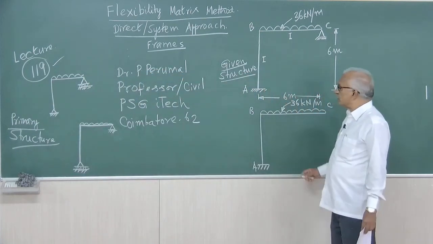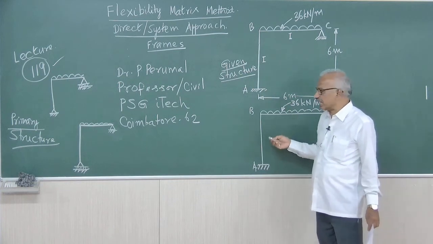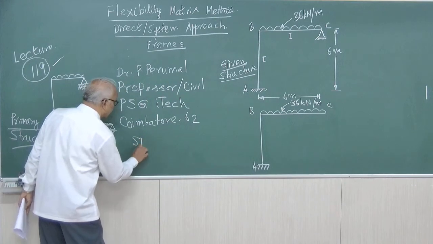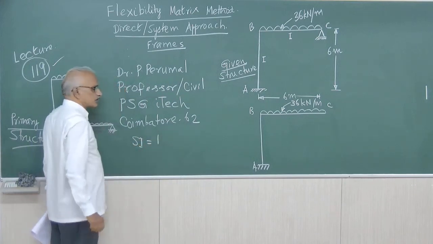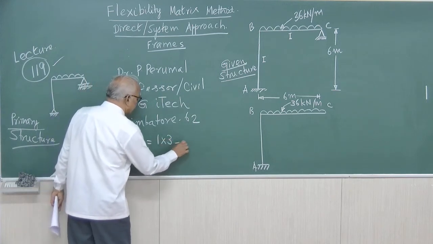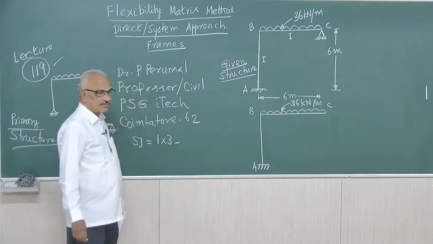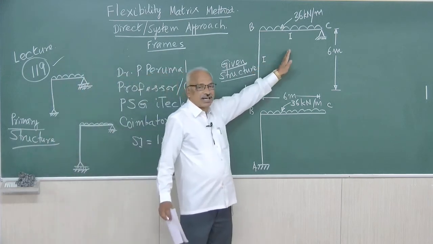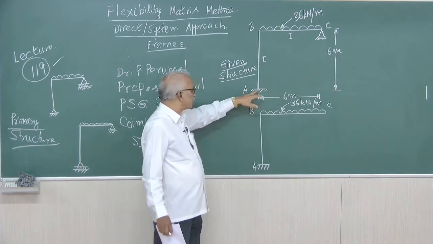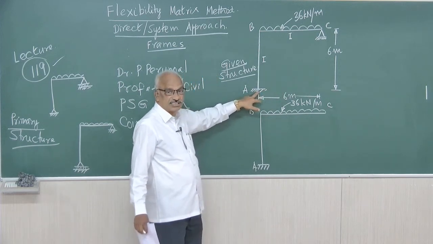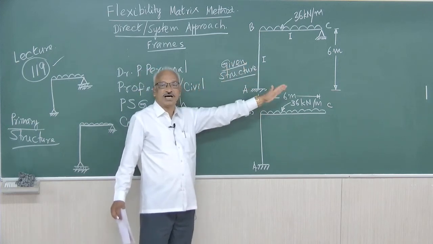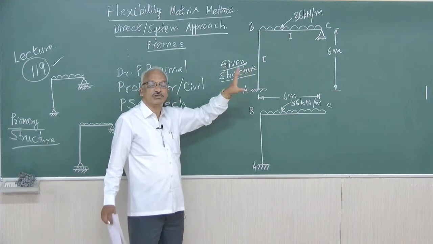First, we have to find out the degree of static indeterminacy. We know static indeterminacy is given by number of closed loops, 1, into 3, minus number of releases. Here it is fixed, so there is no release. That is, it is not free to move in the vertical direction, not free to move in the horizontal direction, and also not free to rotate.